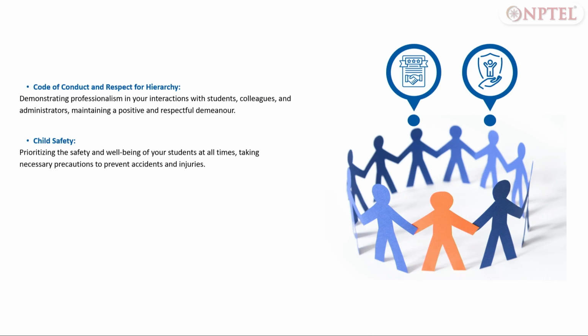Code of conduct and respect for hierarchy. I think this is extremely crucial: you must first know and understand the hierarchy in the school. If there is a conflict, a request, or anything that is required in PE classes, it should be raised through the right hierarchy channel in the most professional manner, which will be informed in the school policy.